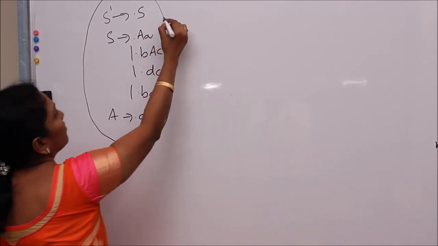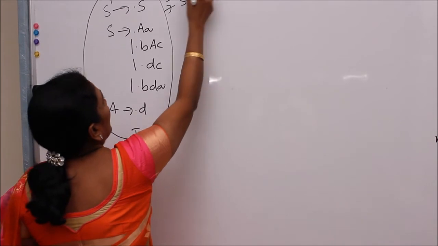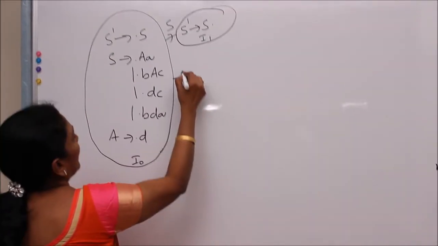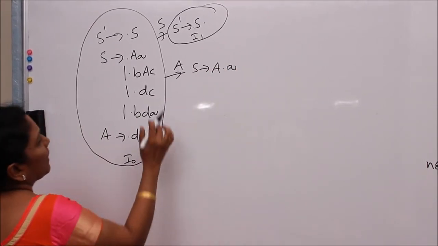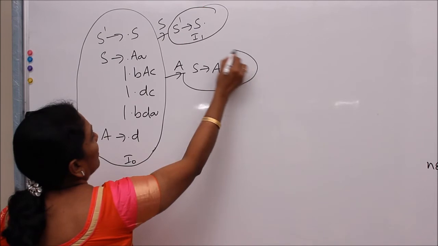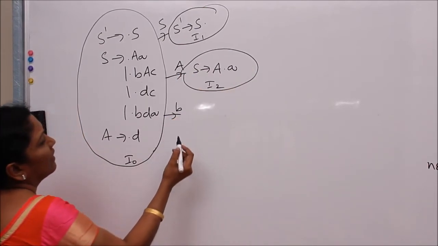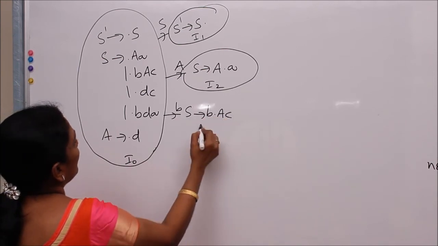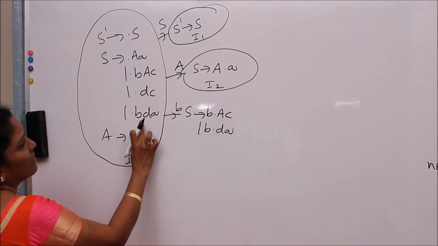Now coming to possible transitions, it is S' to S dot, I1. On A it is S to A dot A. That's all. Let this be I2. On B it is S to B dot AC, B dot DA. Here there is a match as well as here there is a match.